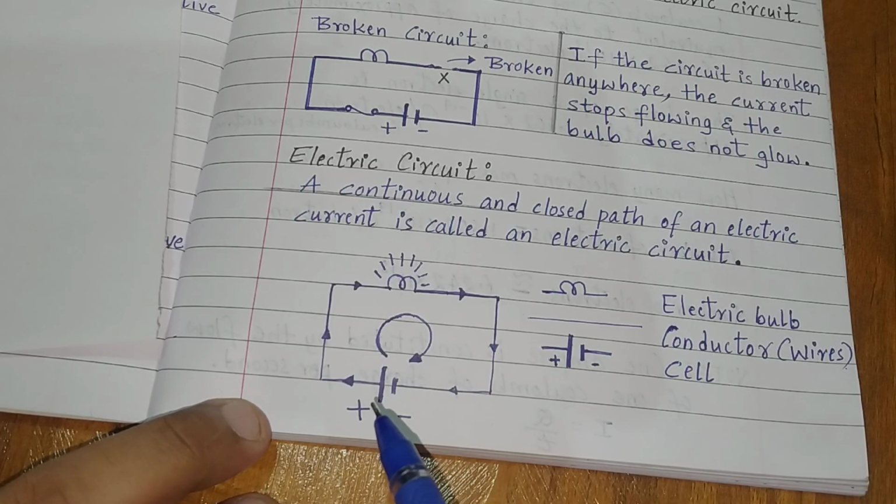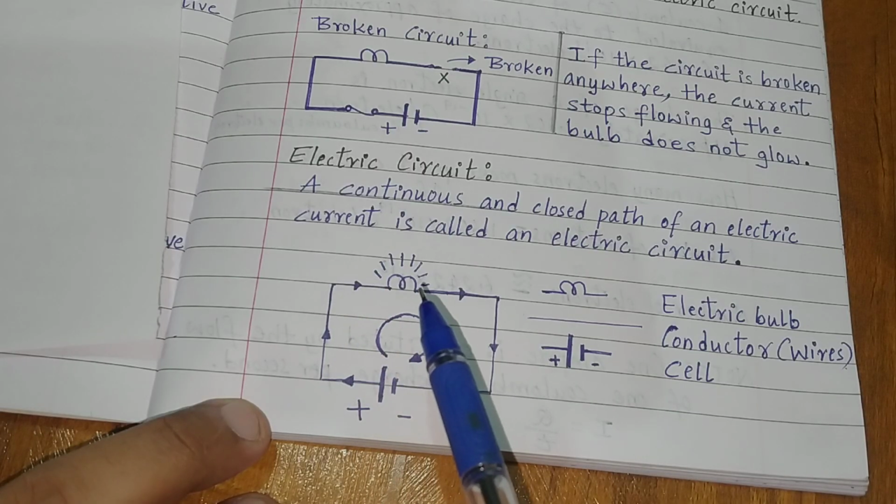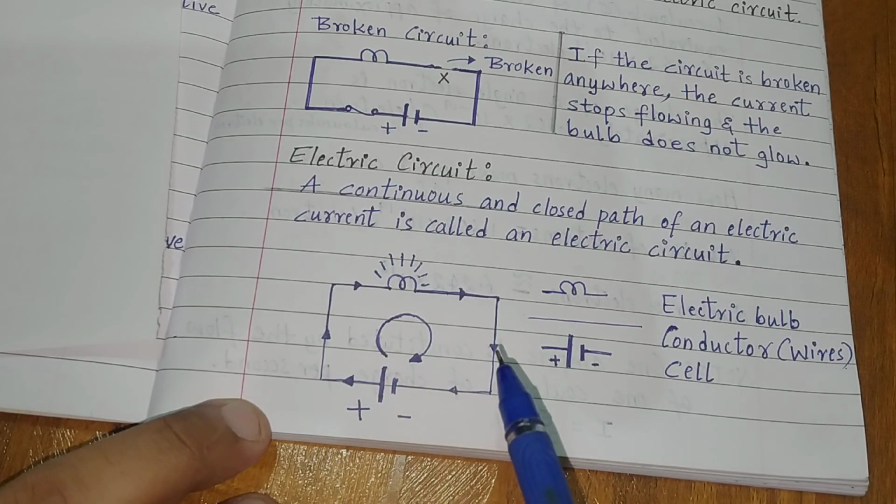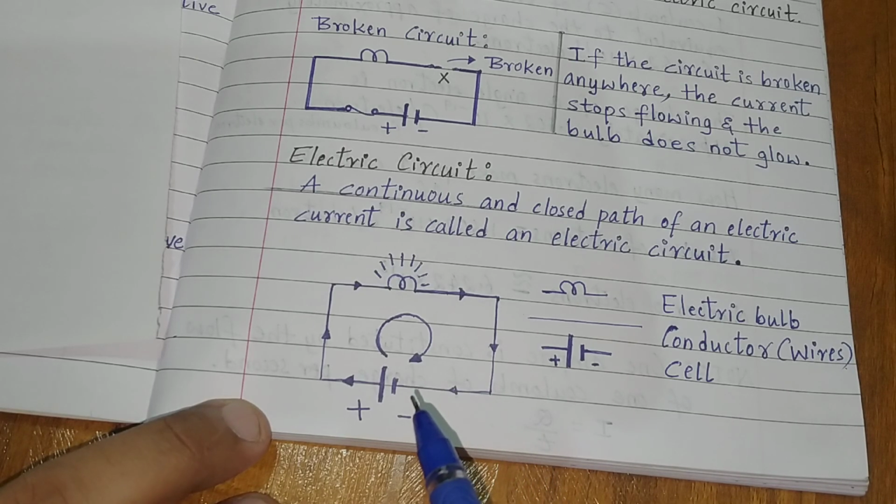So a conventional current or an electric current is flowing from a positive terminal in a conducting path, flowing in the entire circuit and coming towards a negative terminal.